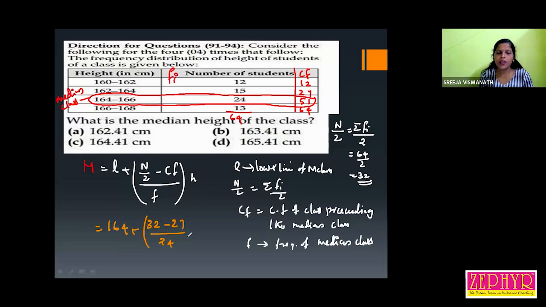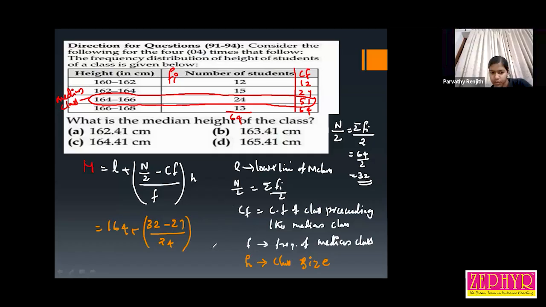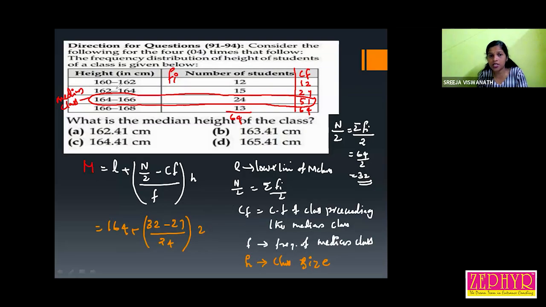Now, into the, what is H? H is the class size. H is the class width or class size. What is H here? 160 to 162, the distance between the lower limit and the upper limit, 2.